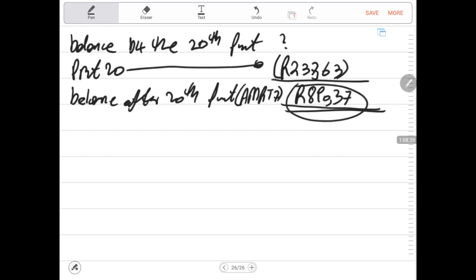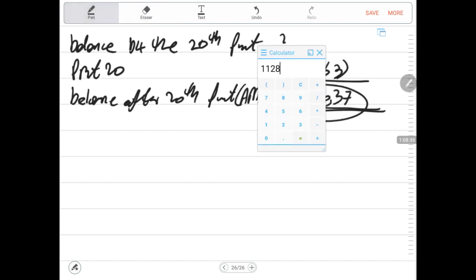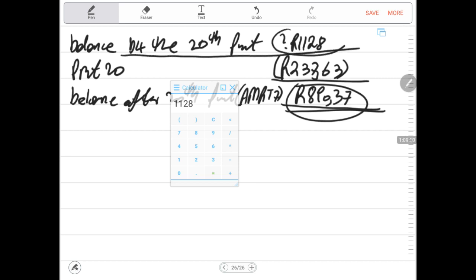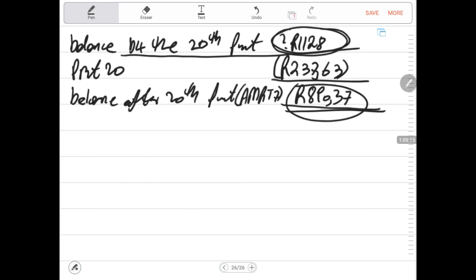PMT 20 was deducted in the balance that we don't know. So what we need to do is add it back. That is why we say 890.37 plus 237.63. Then this will give us 1,128. That is the balance before the 20th payment was made, which means the balance when the 20th payment or the 20th month was due.